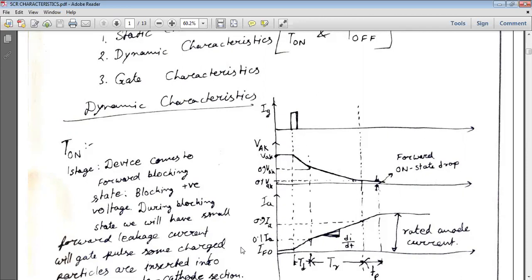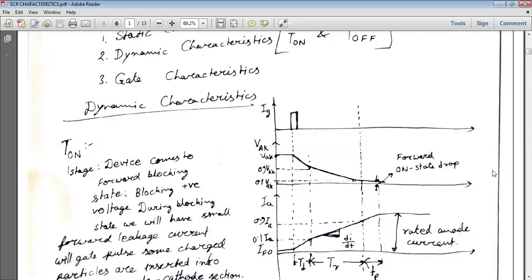Now the gate pulse will inject some charged particles into the narrow gate cathode region. Narrow indicates small size. This injection of charge means the device will take some time to come to conduction state.